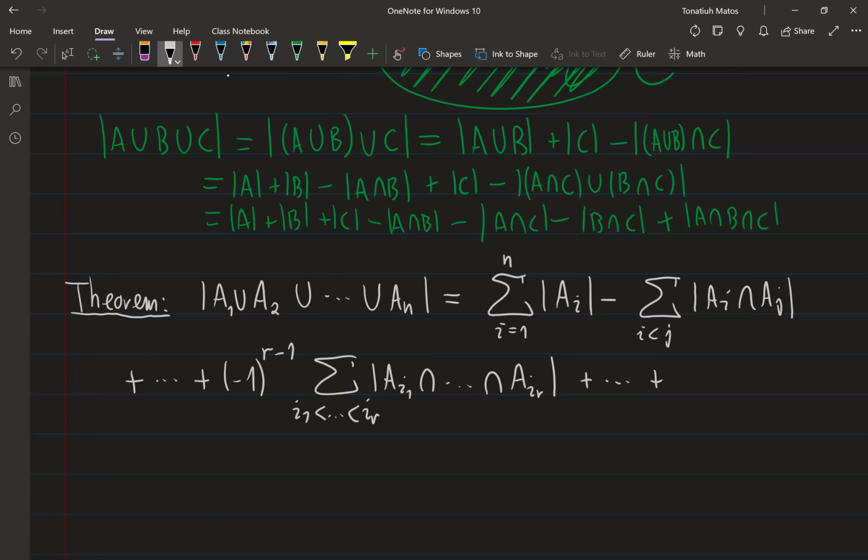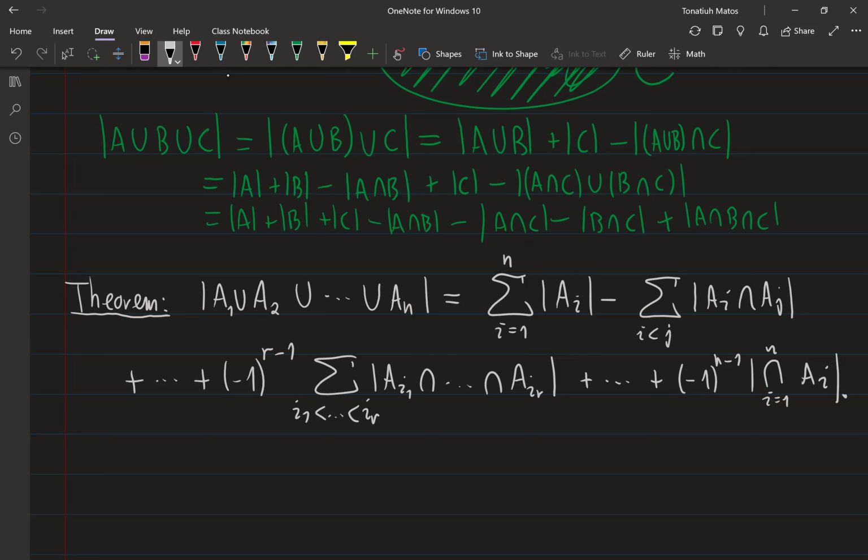The hardest one, which is, I think, counting the surjective functions, requires this result, and if I recall correctly, in this full generality. And you do this all the way up to size n minus 1. Of course, the one with size n is just the intersection of all of them, and we have no way of knowing what that size is going to be, so let's just take the intersection like this.